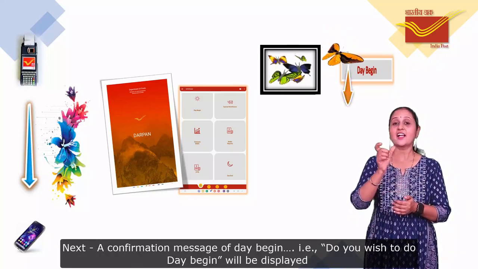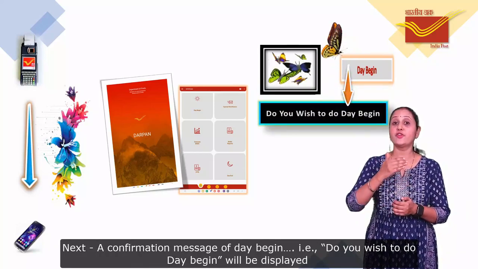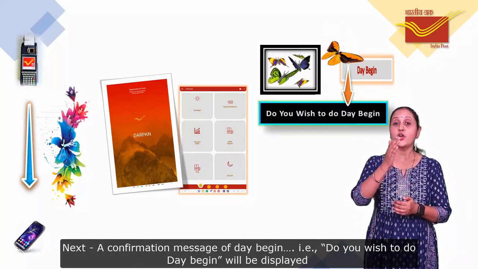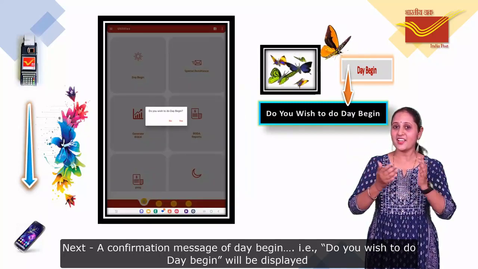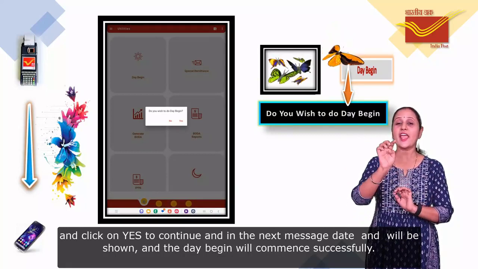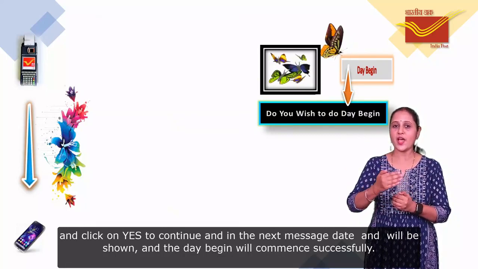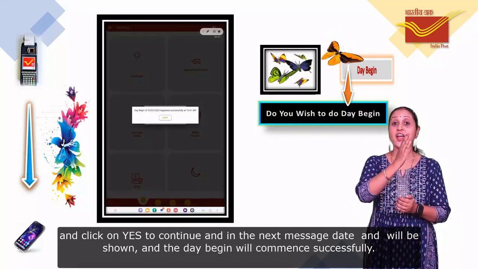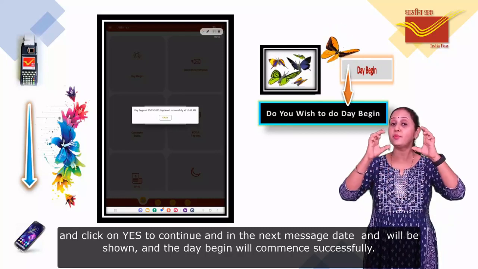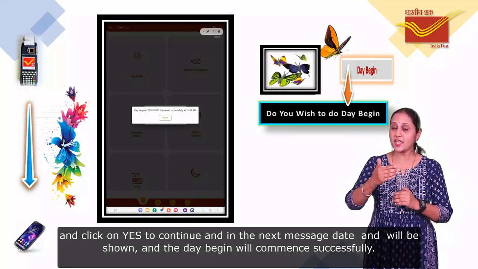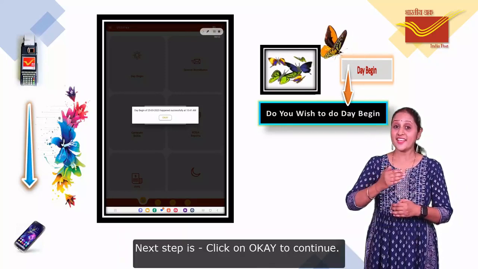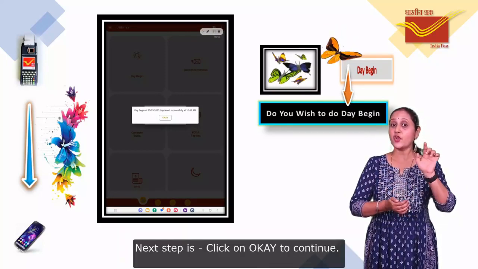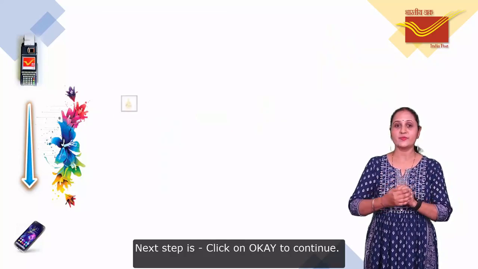Next, a confirmation message, that is, do you wish to do the Day Begin, will be displayed. Click on Yes to continue, and in the next message, date and time will be shown and the Day Begin will commence successfully. Next step is click on OK to continue.